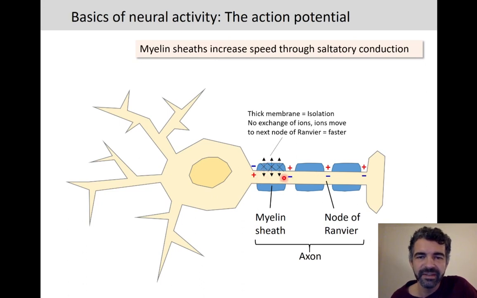So what that means is the ions are going to the next node of Ranvier here, where we have negatively charged ions, and then trigger an action potential here. Then again, the inflow of positively charged ions can only go to the next node of Ranvier, and so on. So basically, by skipping a few steps, we get faster to the synapse. That's the idea of saltatory conduction, and this is why myelin sheaths are important to reach a sufficient speed in neural processing.